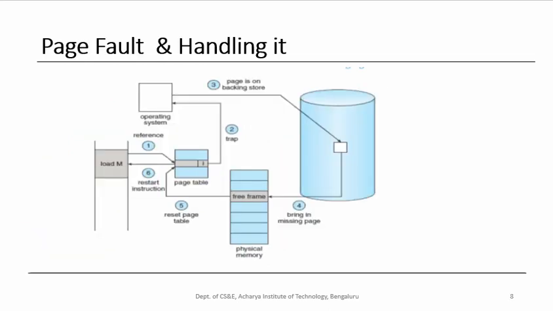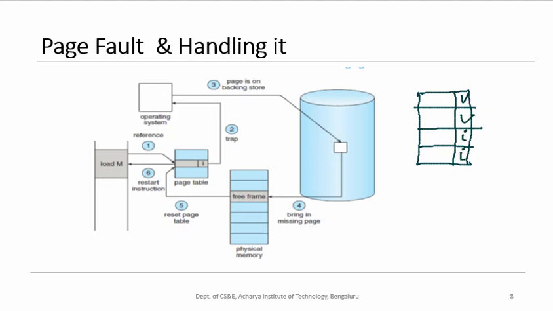After having understood that, if you look at the page table, the valid bit column of the page table can also contain some invalid bits. For example, let's say this could be valid, this also could be valid, and then invalid, and invalid.